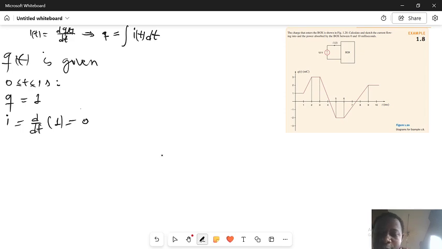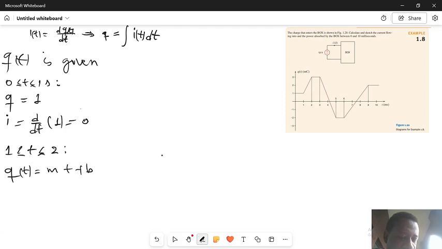Now from t equals 1 up to 2 seconds, we are going to determine the charge. We saw in the previous video that if we have a straight line, it is going to be q(t) equals mt plus b, the general equation.